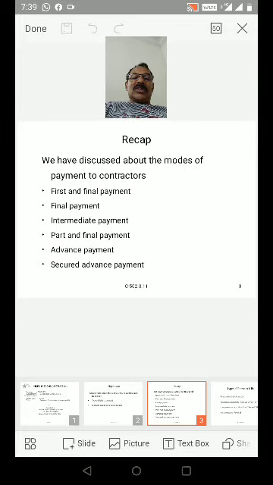So we have discussed the modes of payment to contractors as: first and final payment, intermediate payment, part and final payment, advance payment, secured advance payment. These payments we discussed in the previous class elaborately and very clearly.